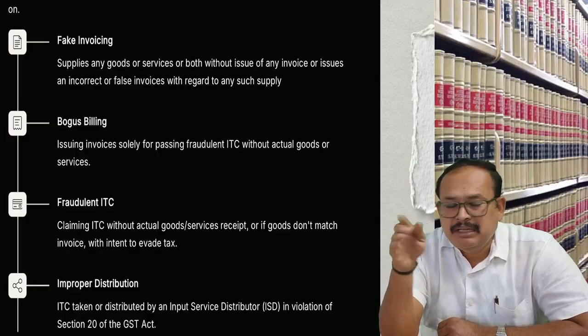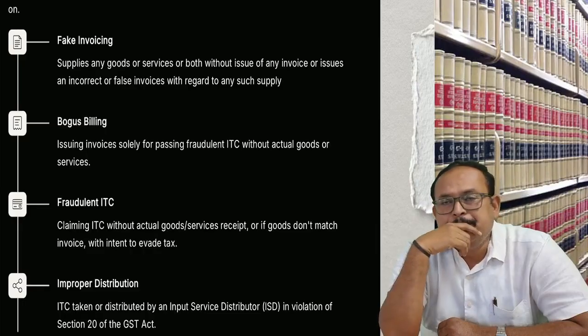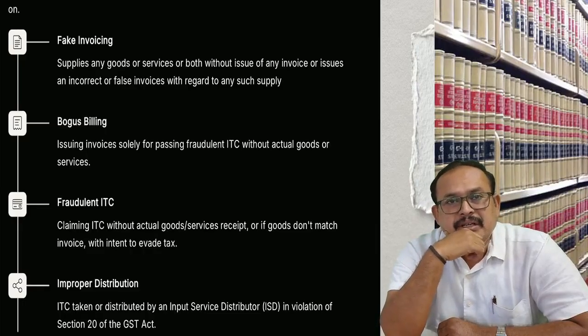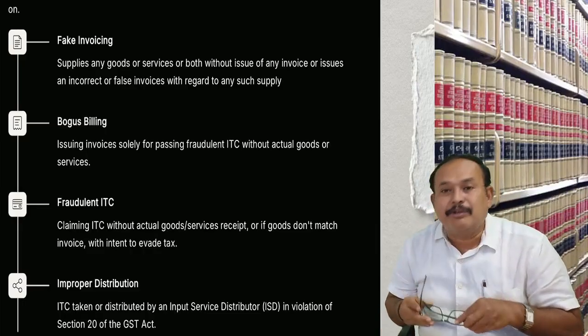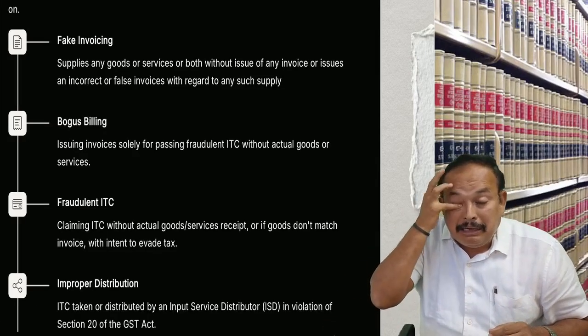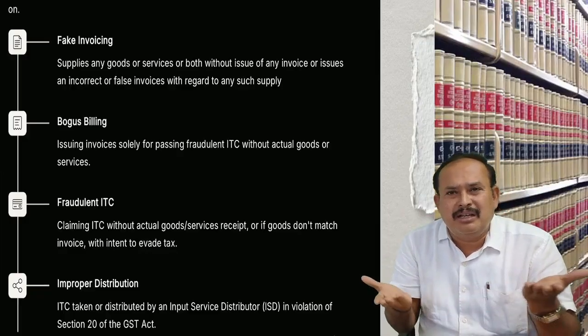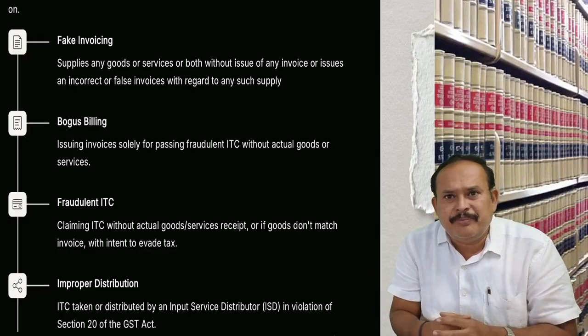Recently, one case law also came to the notice of the judiciary. Without taking the name, due respect, that consultant said, "I got a fee of rupees 50,000 or 1 lakh only, sir, for doing this."